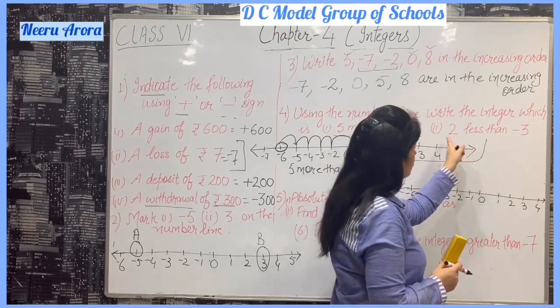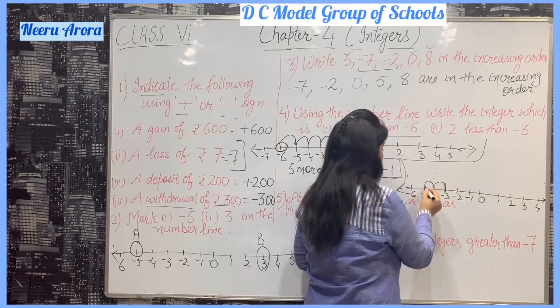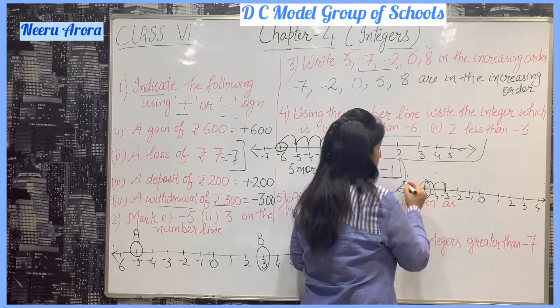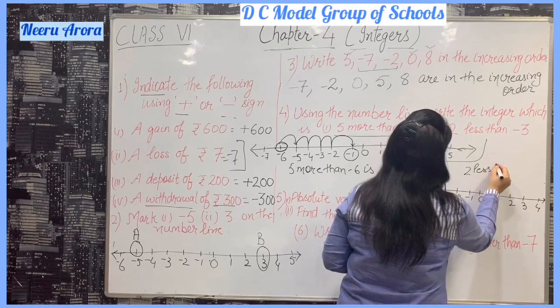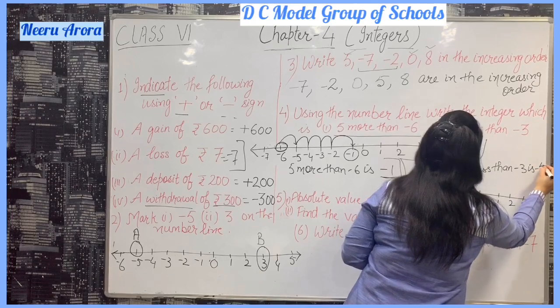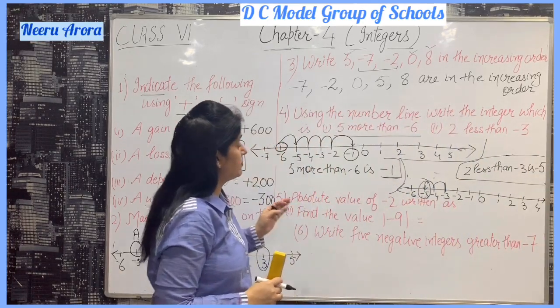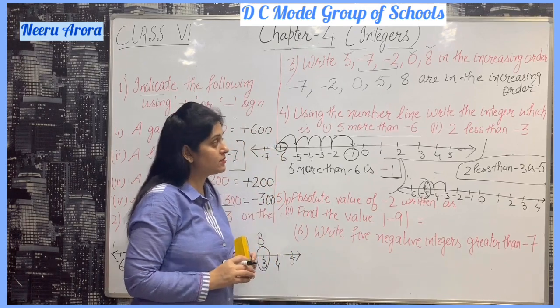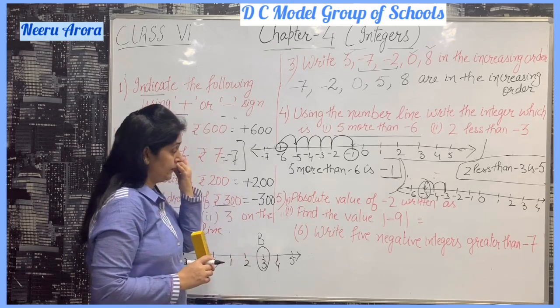We want 2 less than minus 3, so it is 1, 2. 2 less than minus 3 is minus 5. So we have represented 5 more than minus 6 and 2 less than minus 3 on the number line.